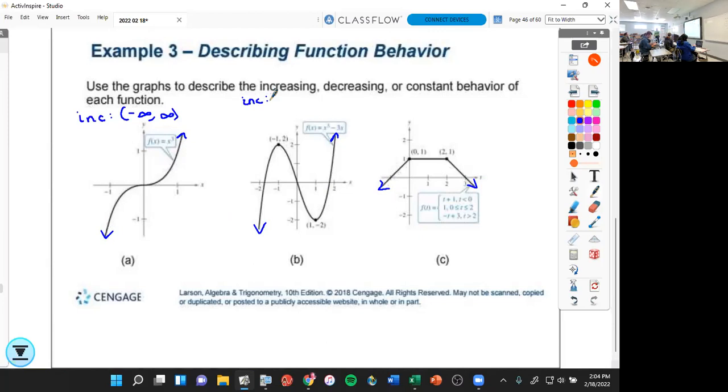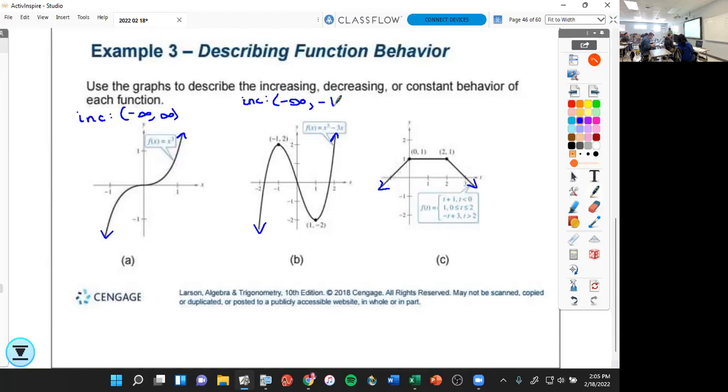Negative infinity. So it's increasing from negative infinity to negative 1. All I care about are the x values. I don't care about what y is, other than the fact that I know that it's increasing. So it's increasing from negative infinity to, parenthesis or bracket?